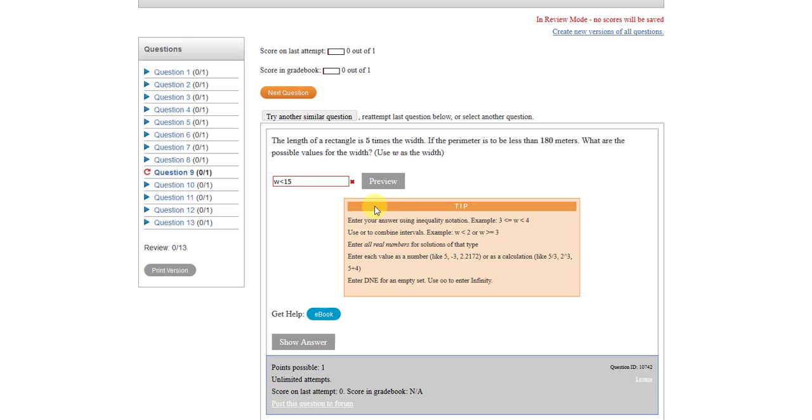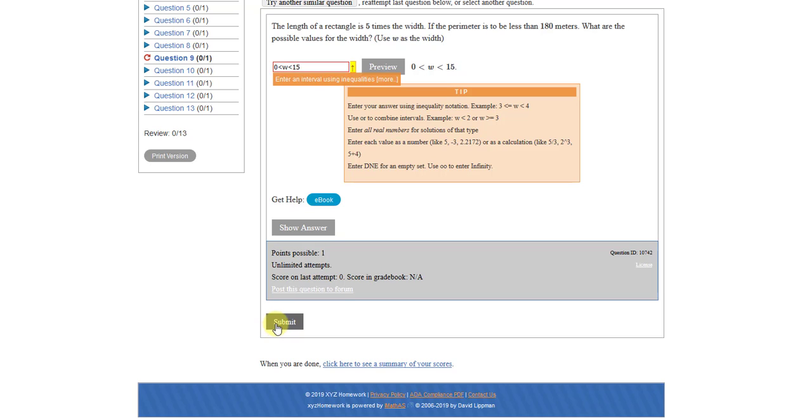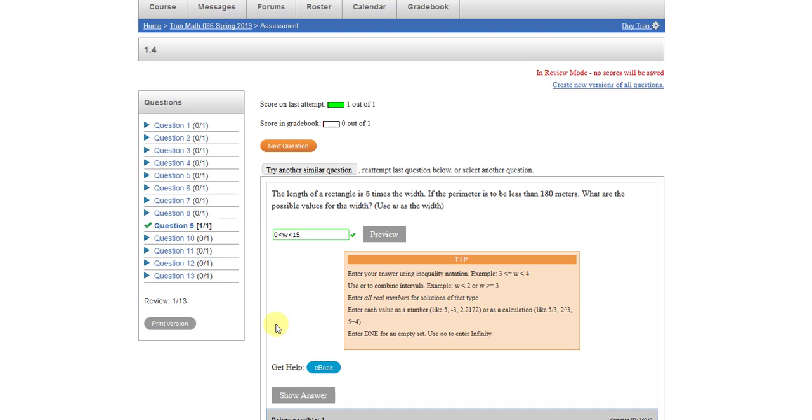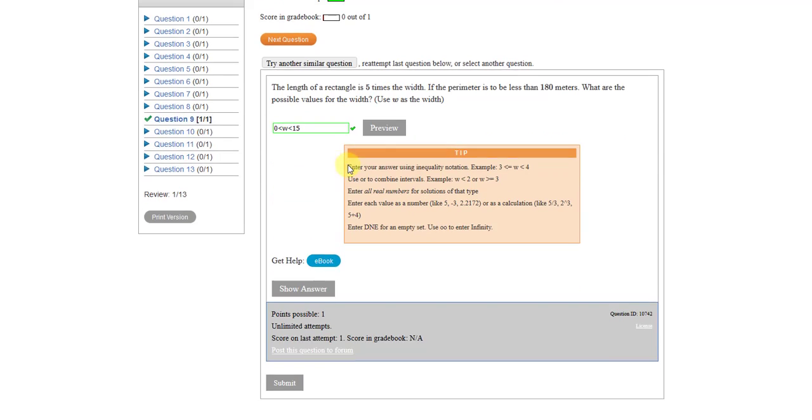Okay, so in this case, we also have another condition here. It has to be bigger than 0. Let's submit it again. And yes, this is the correct answer. We forgot that the width is a distance, so it has to be bigger than 0.